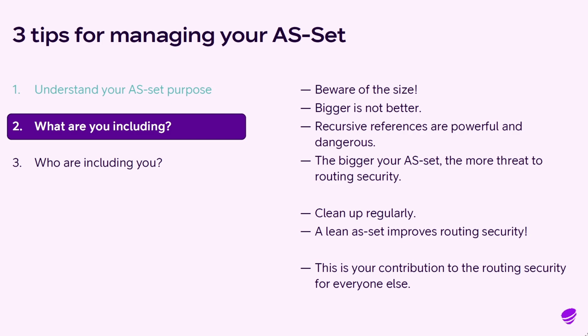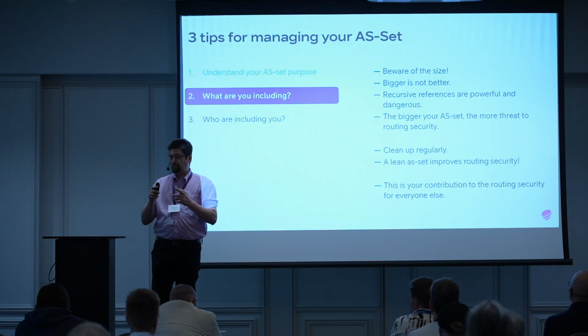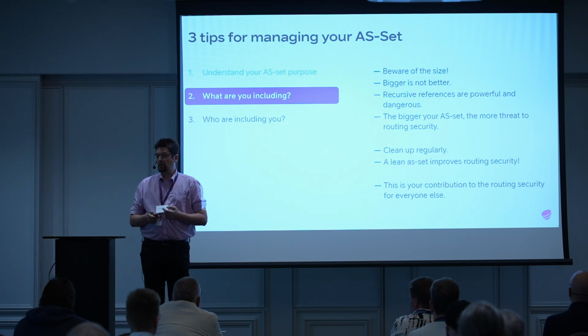But Doug Madory of Kentik did a very excellent blog post a while ago documenting what can actually happen if your AS set grows so big that the filters grow so large that those filters, which should actually help you with routing security and stop any kind of BGP leaks from you, are so large that they actually don't stop anything. Be mindful of what you include.